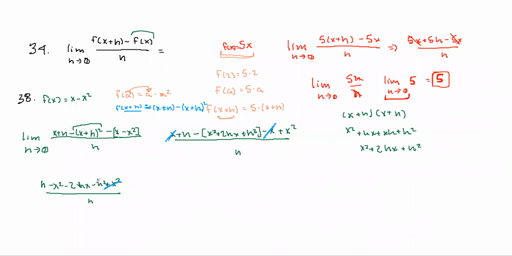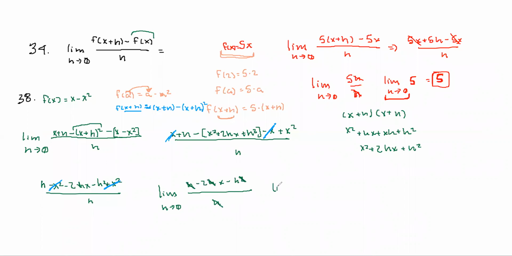So I have a plus x squared here, a minus x squared here. And so now I'm looking at the limit as h goes to 0 of h minus 2hx minus h squared over h.